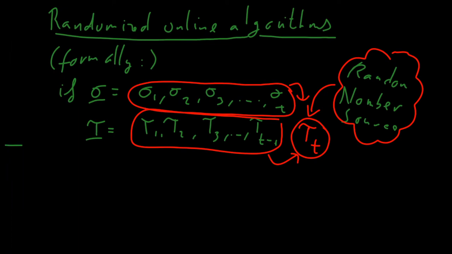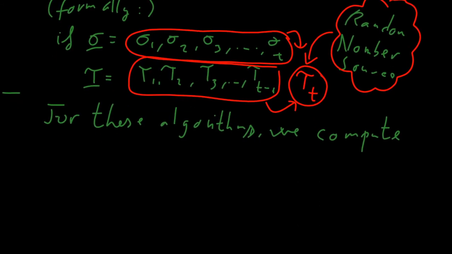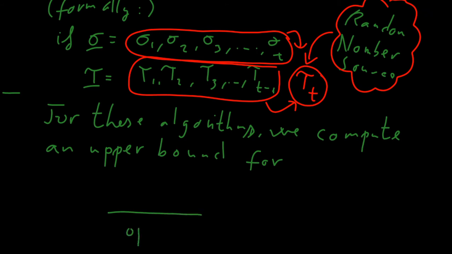So for these algorithms, we compute an upper bound for something, namely, for a given sigma input, we still calculate the optimum cost and just divide something by it.